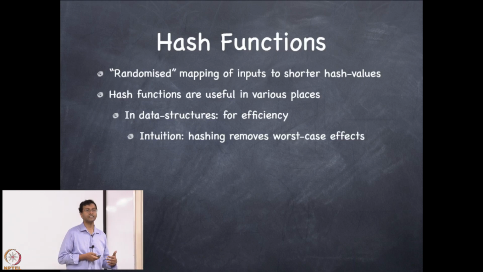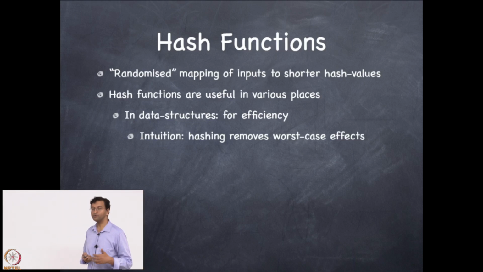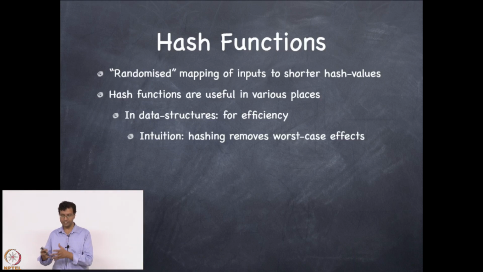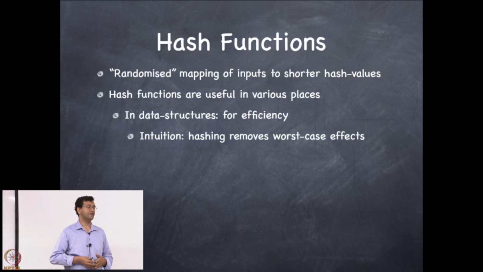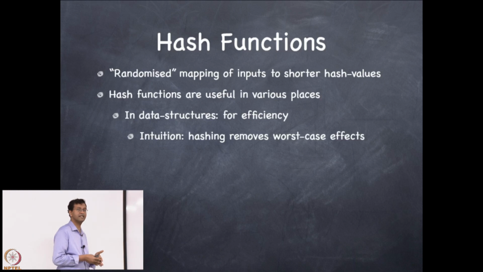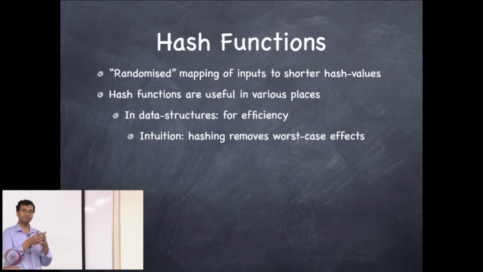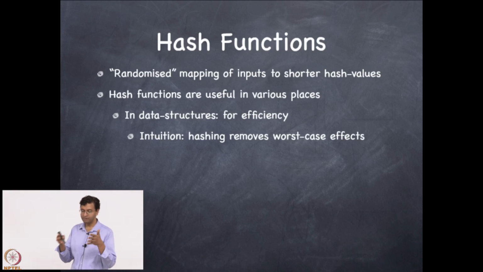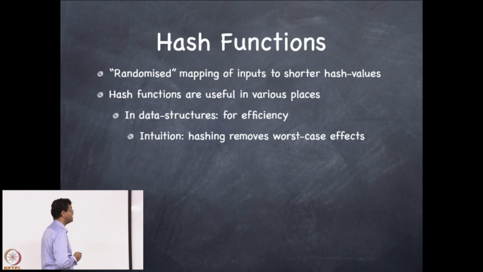The idea of hashing is that you're removing worst case effect. There could be some input that is bad for your algorithm, but you hash it so that the input doesn't create this bad effect. Like maybe multiple things are going to go into the same cell in your hash table, but by hashing, it will be only with low probability that there is a bad input for your data structure.